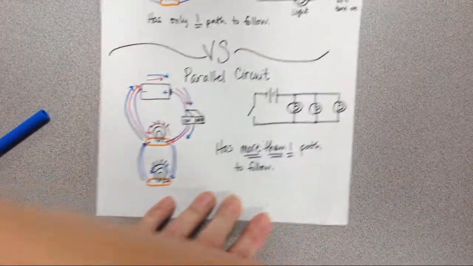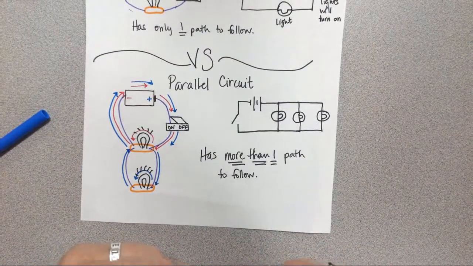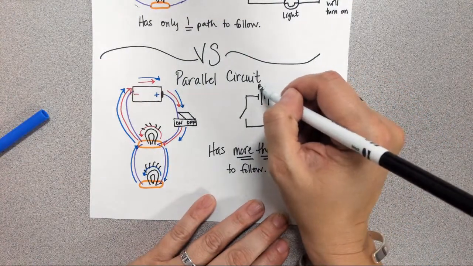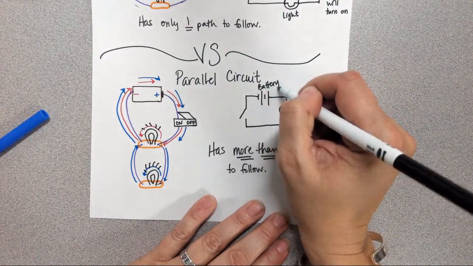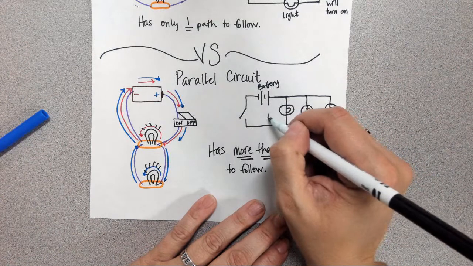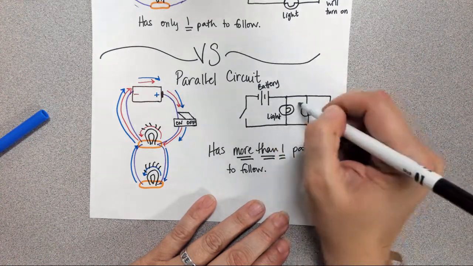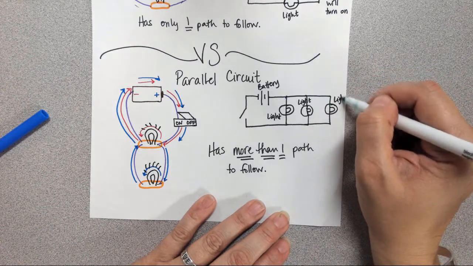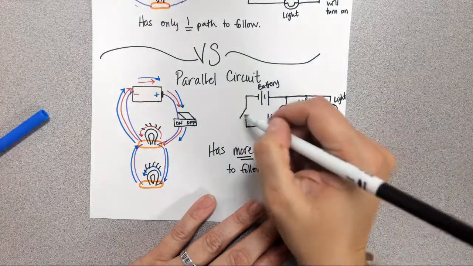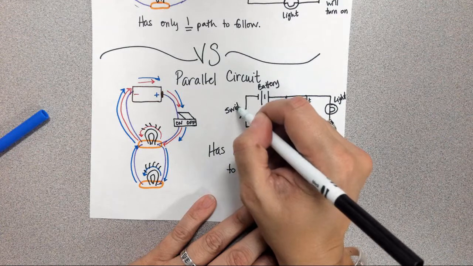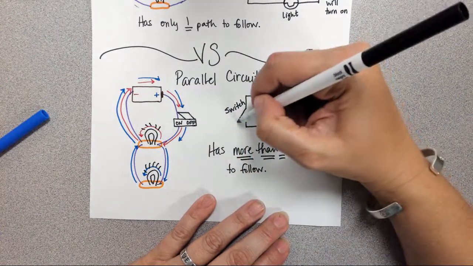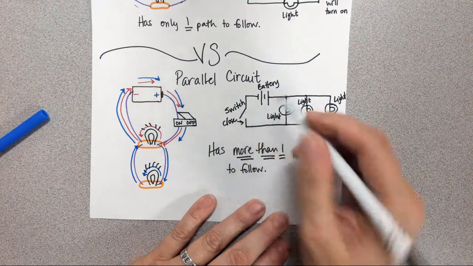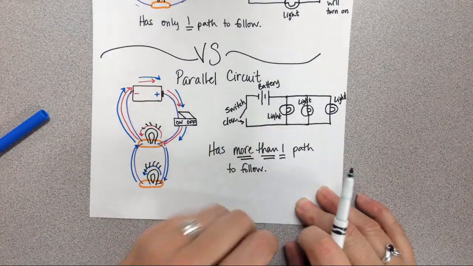And again, we have the technical drawing of a parallel circuit. This is the battery. These are lights, and another light. This is the switch. Right now it's open, but if I close it, all three of these lights are going to go on.